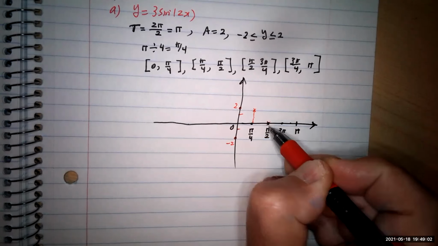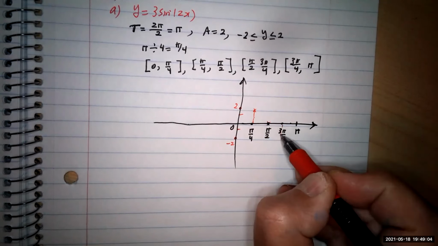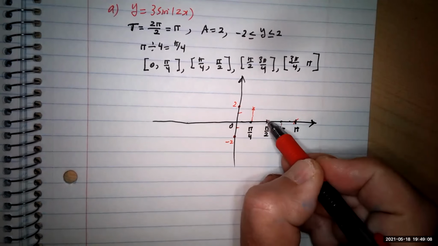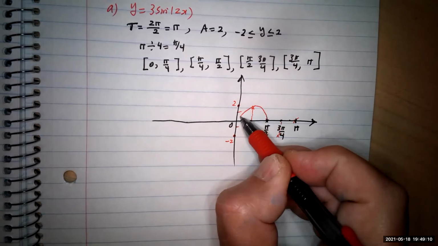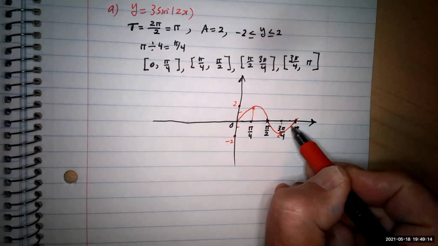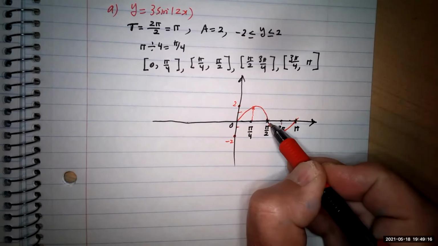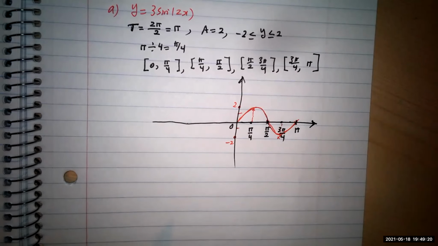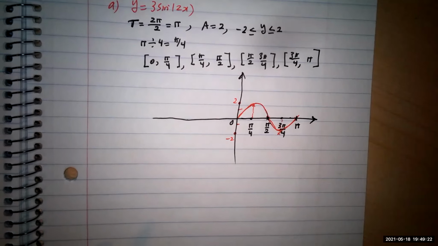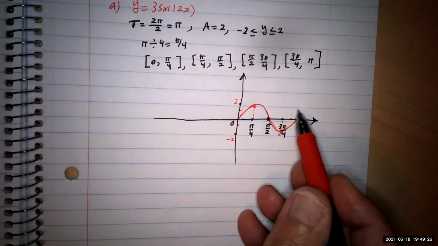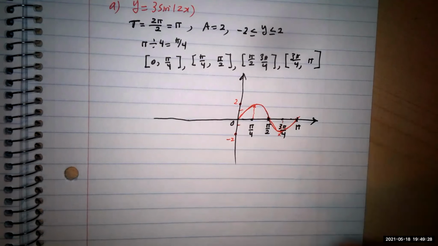Then you go to the intercept, then you get the minimum at this point, then you go back to the intercept. This is going to be the graph of this function in one period. Any question? If it's negative, you start from the bottom; if positive, from the top.